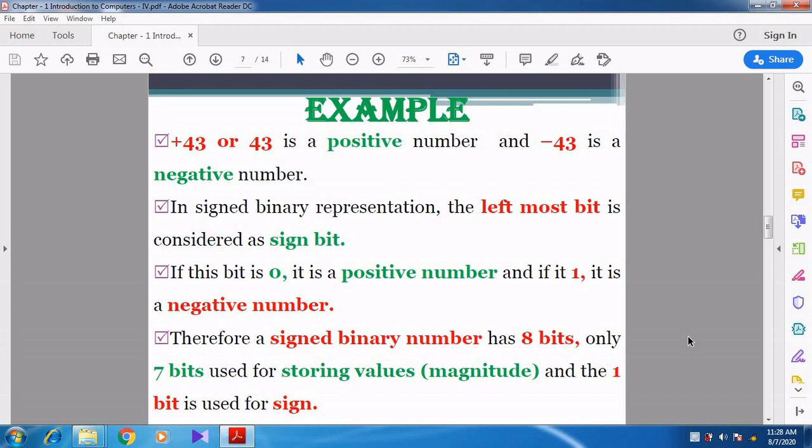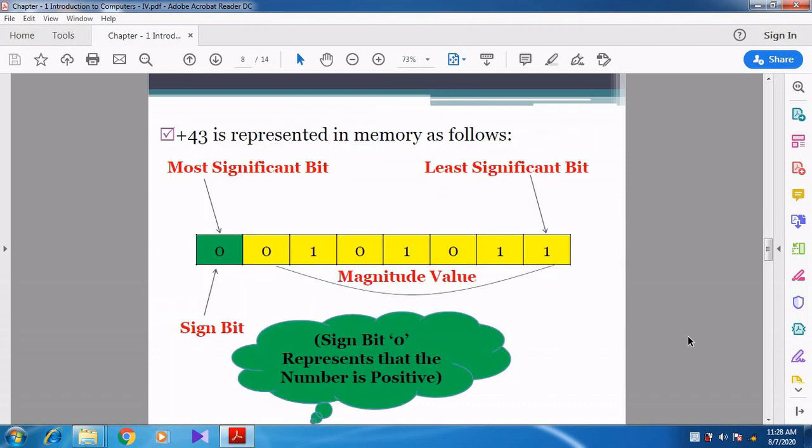If the sign bit is 0, then that is a positive number. If the sign bit is 1, then the number is called a negative number. Right. Now we can see the pictorial representation, how it is stored in the memory.